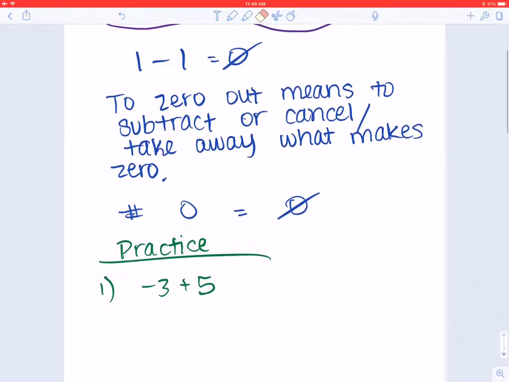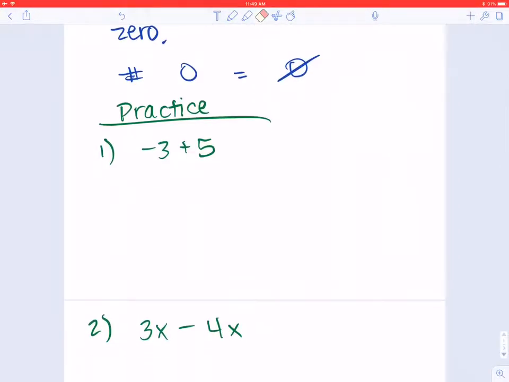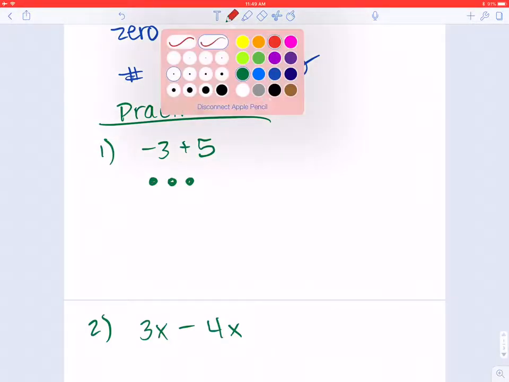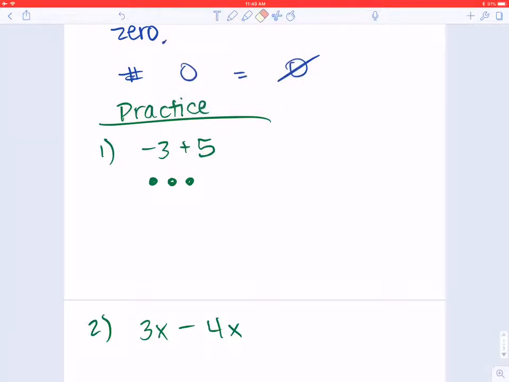All right, first example, if I have three unit tiles, let's say, and hold on, let's fix this. I have negative 3 unit tiles. And then I'm gonna add 5 positive unit tiles.